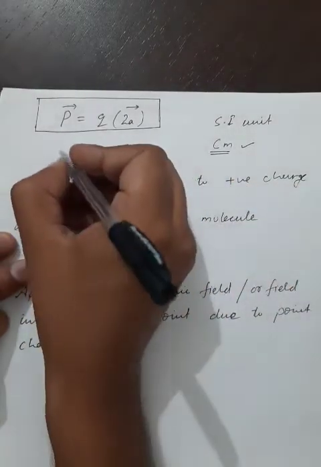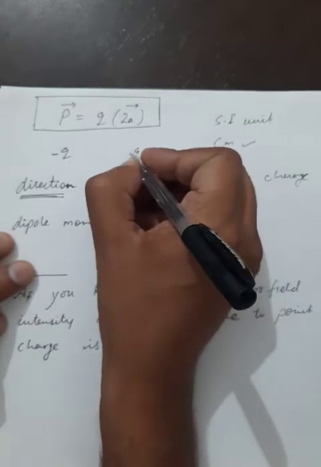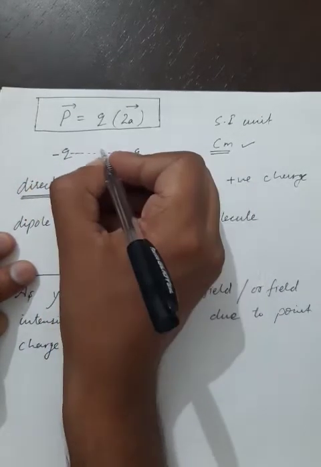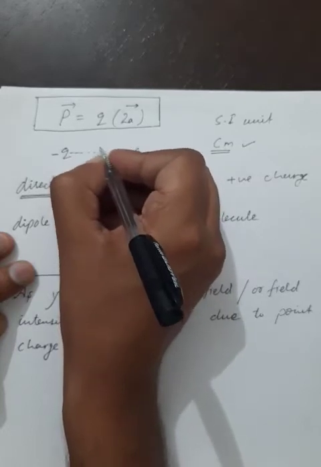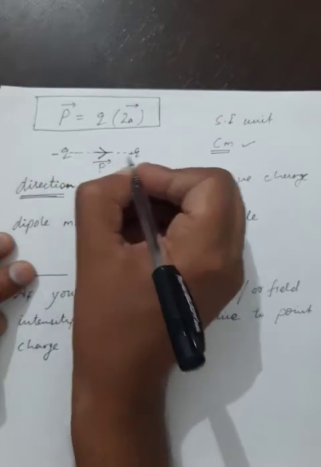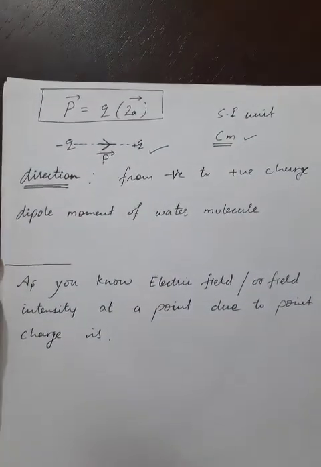Say this is the electric dipole, minus q and plus q, and this is the length of the dipole. Then the dipole moment, denoted by p vector, has the direction from minus q to plus q. So that is about the dipole moment.